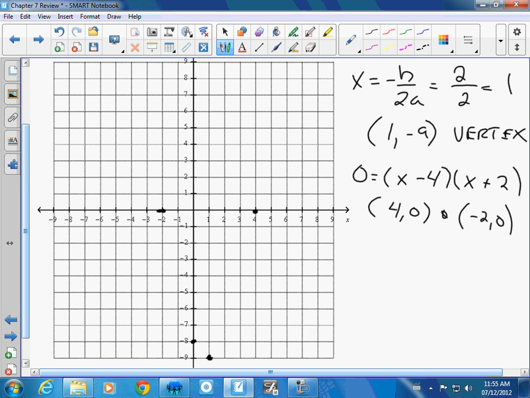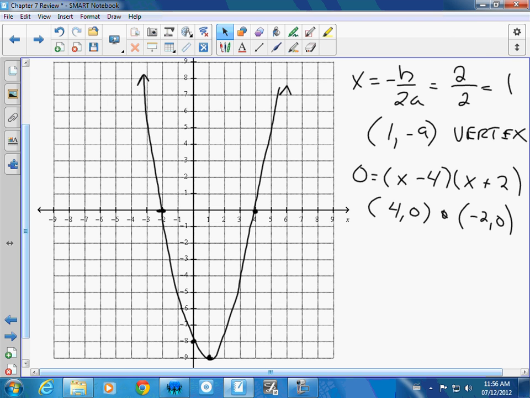Okay. Let's try to sketch this in properly. Okay. So there is our quadratic.